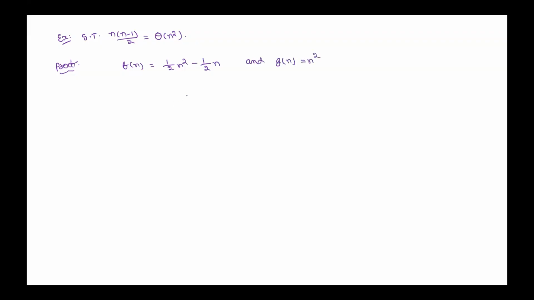According to the formal definition, f of n should be less than or equal to some constant into n square for all n greater than or equal to some constant, and it should be greater than or equal to also some constant into g of n.